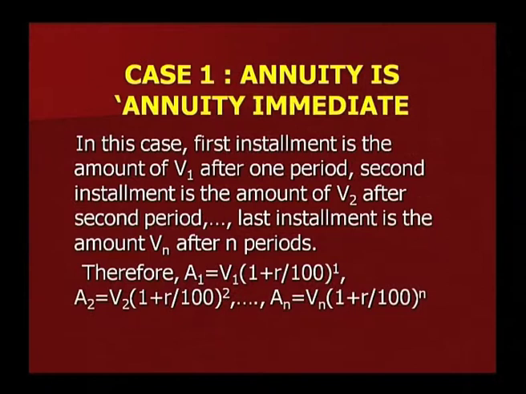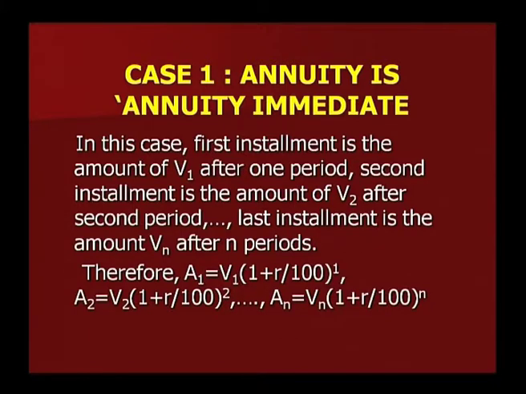Case 1, annuity immediate. In this case, the first installment is the amount of V1 after one period, the second installment is the amount of V2 after the second period, and so on. The last installment is the amount Vn after n periods.